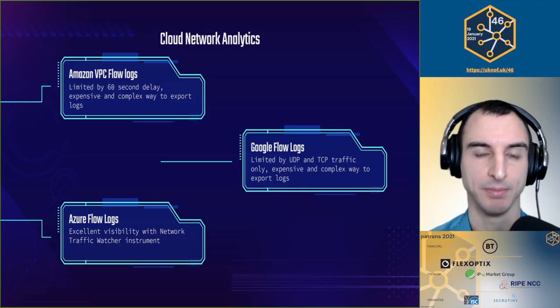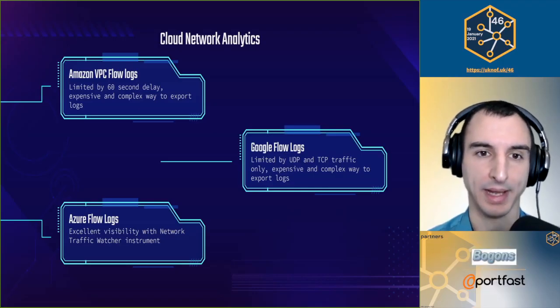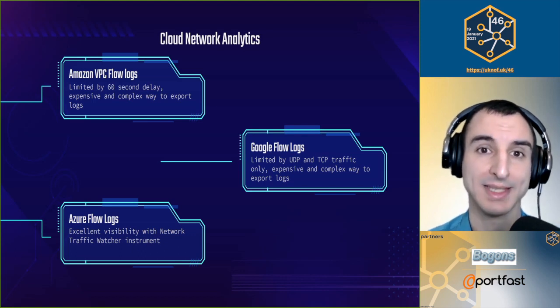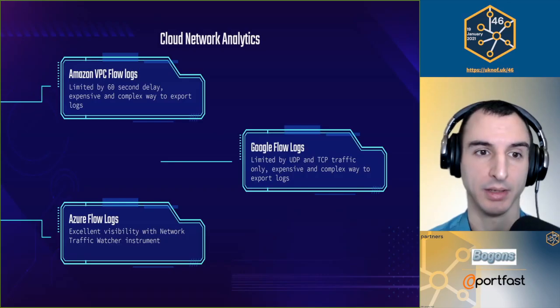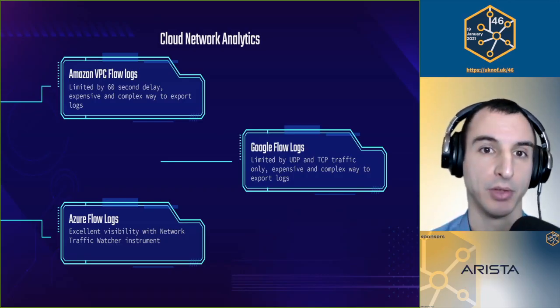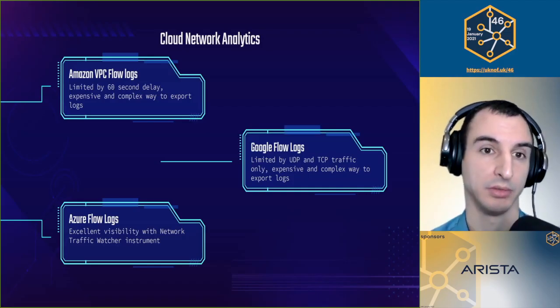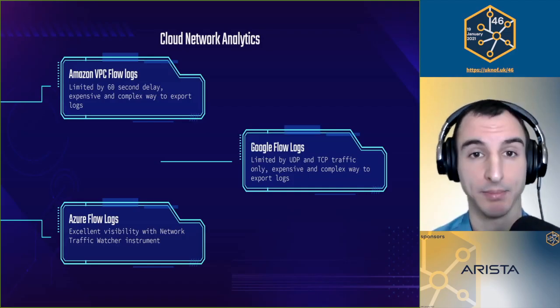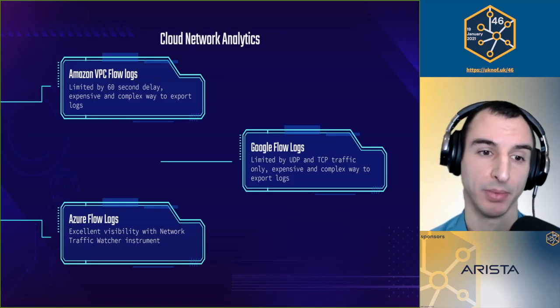It's not limited to TCP and UDP. One of the issues is the 60-second delay, because in case of DDoS, it's very important to keep this delay as short as you can, but for Amazon, you cannot. So you will receive information about an enormous DDoS hitting your cloud infrastructure in 60 seconds. Sometimes you can wait, sometimes you cannot.